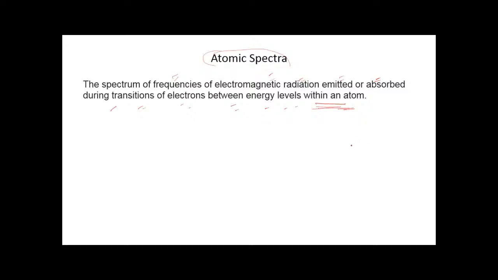Here we take an example. N1 is the ground state of an electron and N2 is the excited state of an electron. When an electron obtains energy from any external source, the electron jumps from its ground state to the excited state, and after some time it comes back to its ground state and releases energy in the form of radiation.